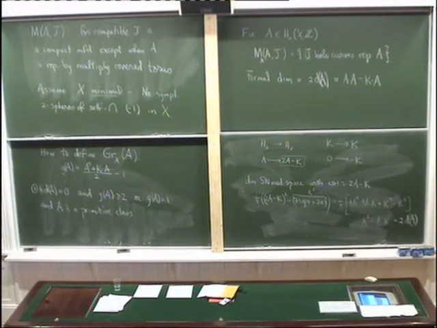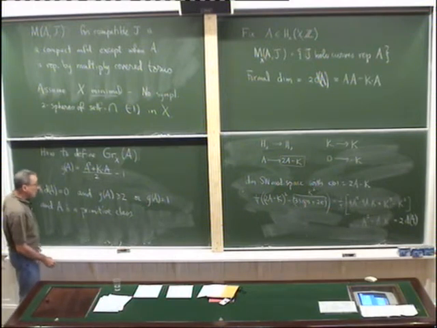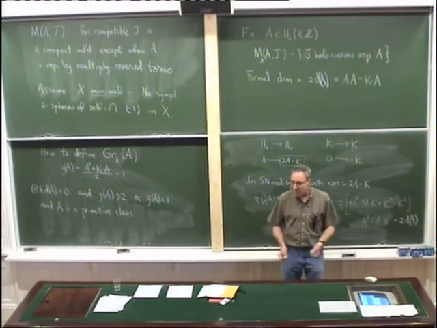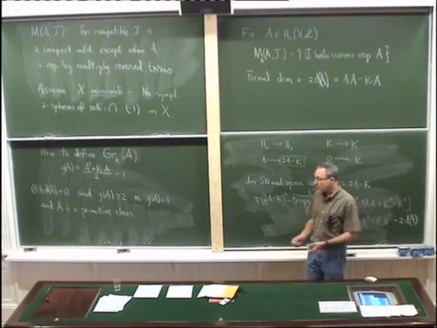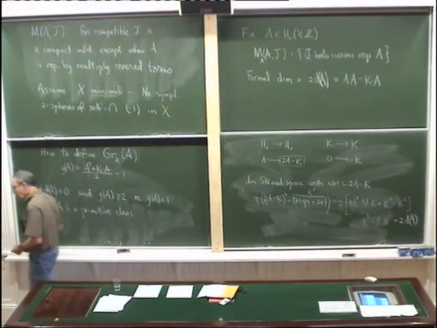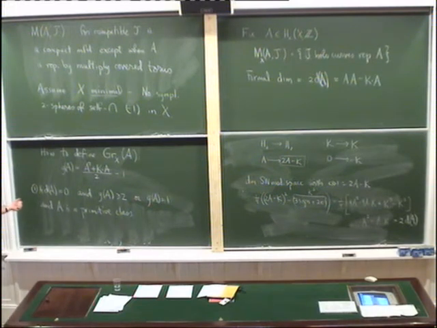Okay? Then, since d(A) is 0, this moduli space is a zero-dimensional compact manifold, and we count the points, and that gives us the Gromov invariant.